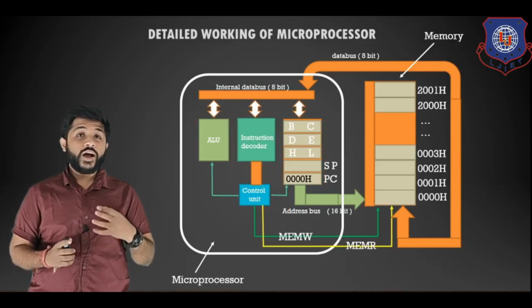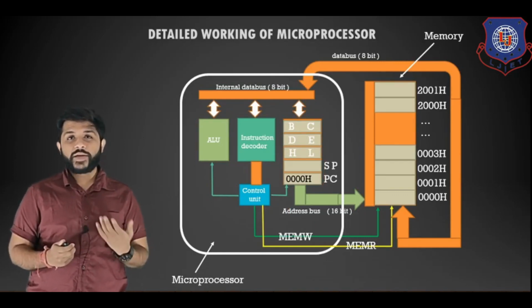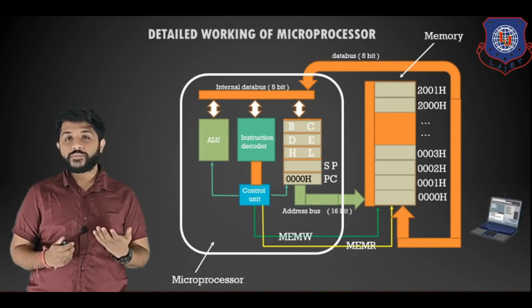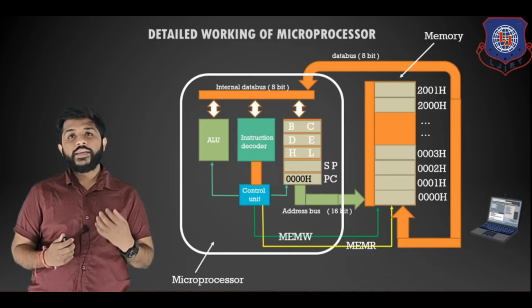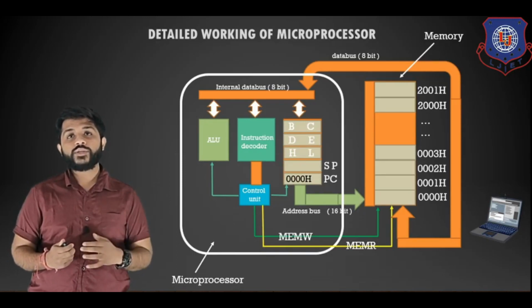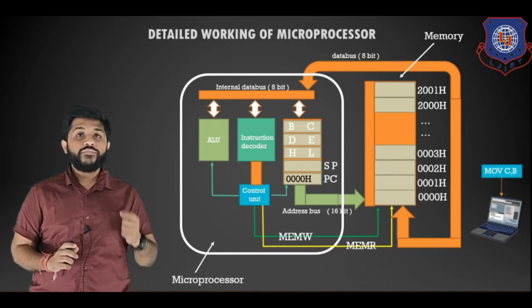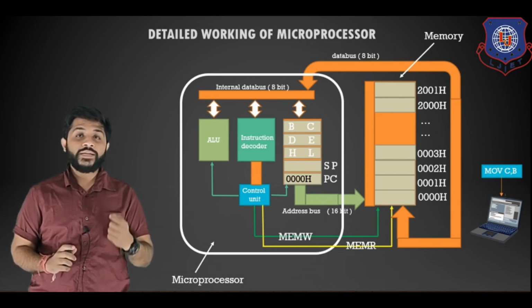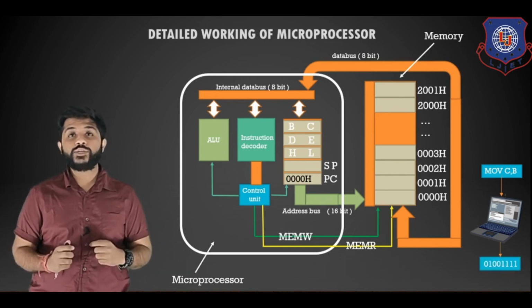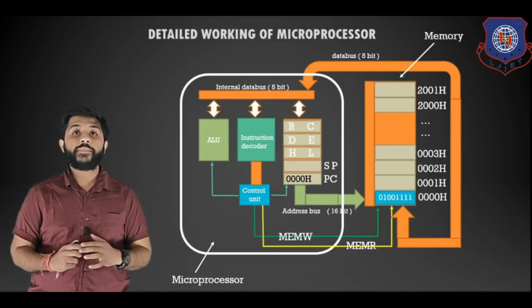Now let's see how you can program the microprocessor. You can easily program the microprocessor using your computer, but you need the assembler. Let's say I need to provide one instruction to the microprocessor, which is MOV C, B. When you give this instruction to the assembler in your laptop, the assembler will convert that instruction into machine language and store it in the memory.